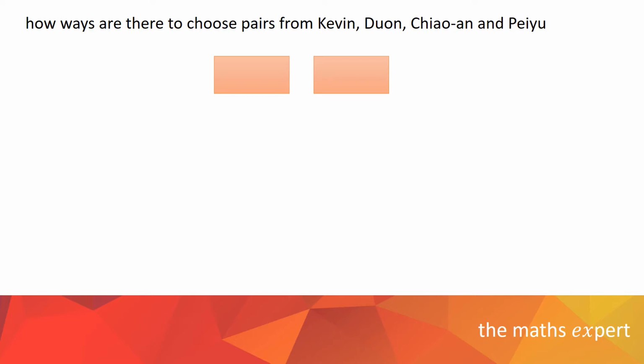I'm still talking about slots because we can use the idea of permutations, but factor out repeats. We start with the calculation of 4 times 3, as there will be 4 branches for the first slot and 3 for the second. Therefore, 4 times 3 paths in total. However, this will include those permutations that reverse the order of people.